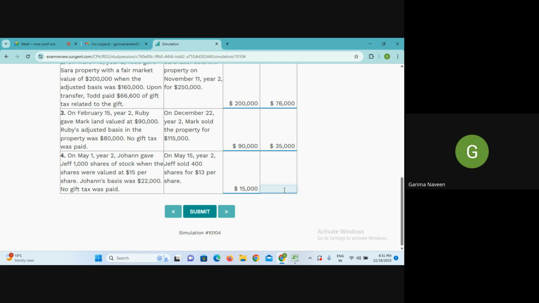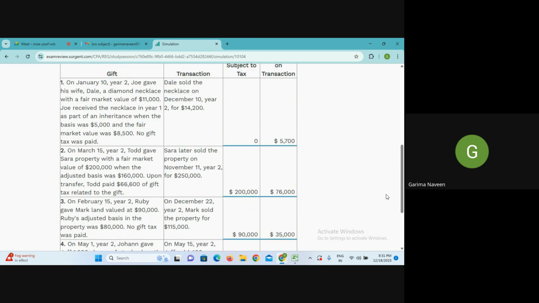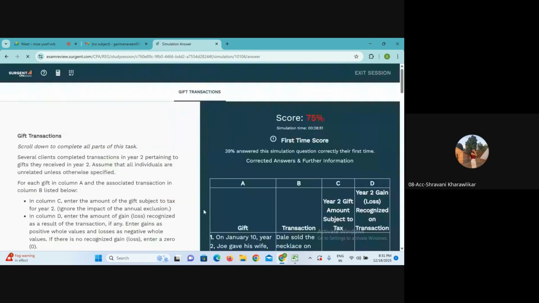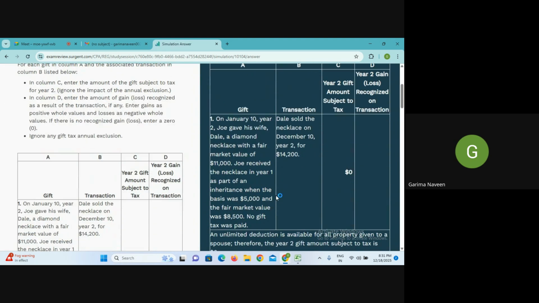Okay. Then 3,600 is the loss. This is the answer you are telling me. Yes, ma'am. Anything you want to change or should I submit? Ma'am, you can submit. 75% is correct.